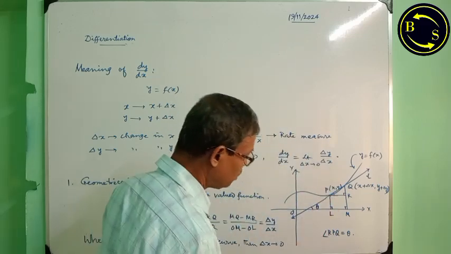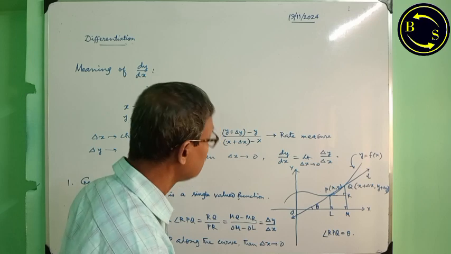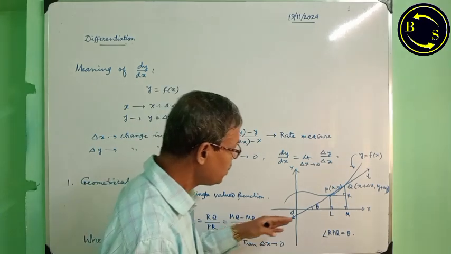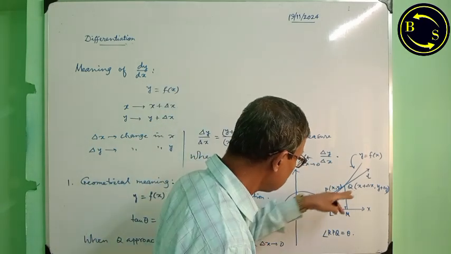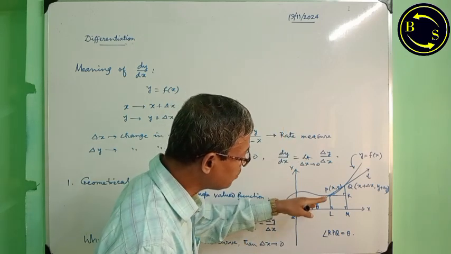And this angle will become some other angle which is made by this straight line L, and this straight line becomes a tangent.